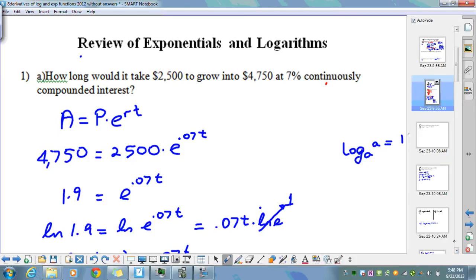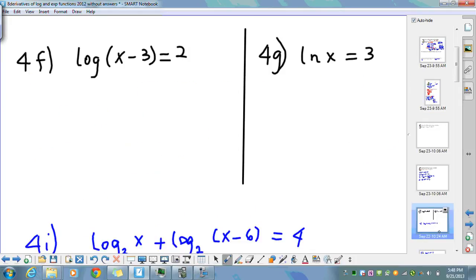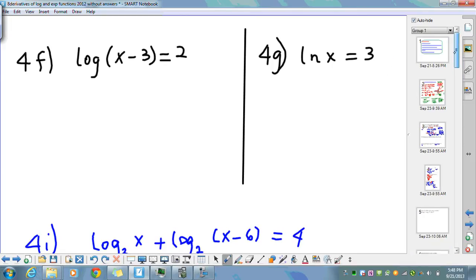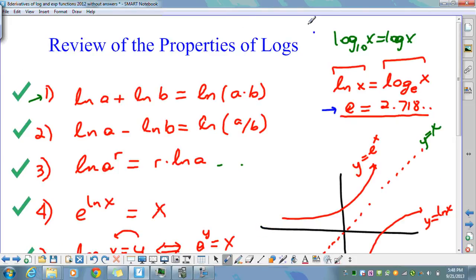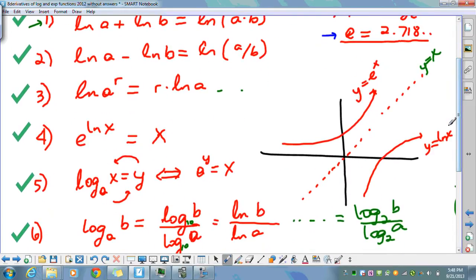A few more simple examples to refresh our memory about logarithms, and then we're going to be ready to do calculus with these. Let's take a look at this slide. For example, if you have natural log of x is equal to 3, how would you solve for x here? You could use one of our properties. This is property number 5.